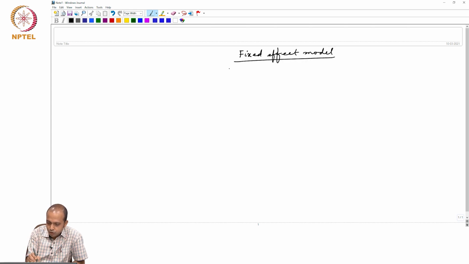That means our model was yit equals beta 0 plus beta 1 xit. Let us say that we have only one explanatory variable, and then we have ai plus uit.